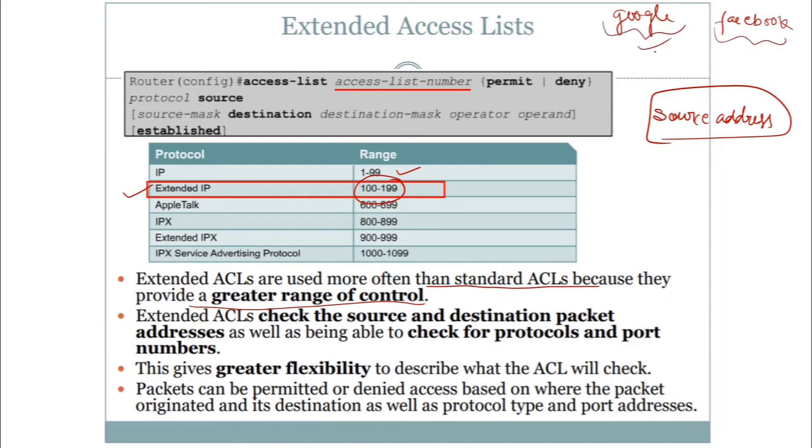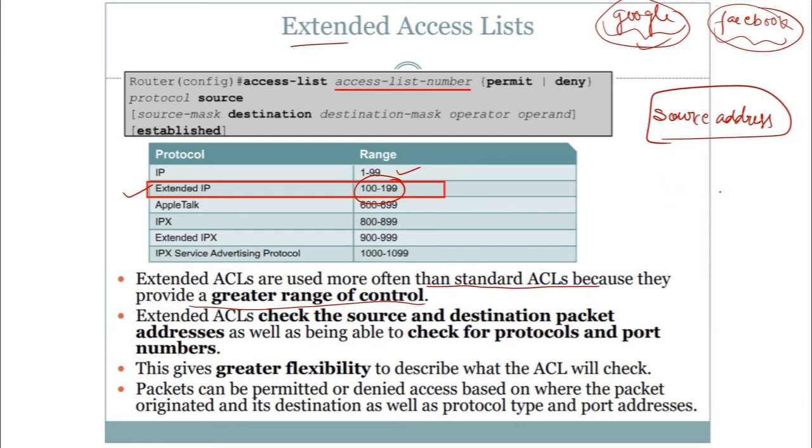You will permit for the Google IP address, and you will deny for the Facebook IP address. I'm just giving a random example, don't take it too seriously. Just for your understanding, sometimes you need the destination address to allow or block the traffic, that is permit or deny the traffic. So that is having the better control of the traffic, that is the extended access list.